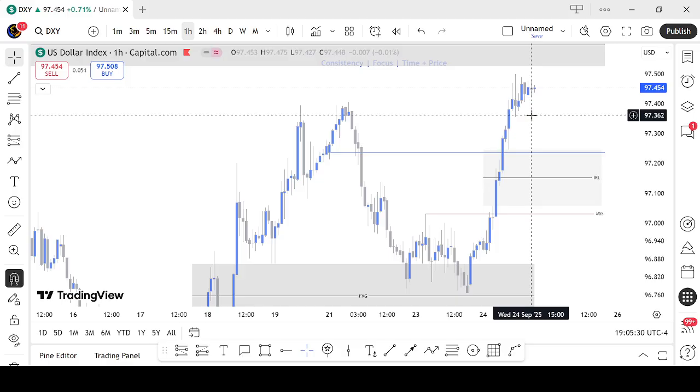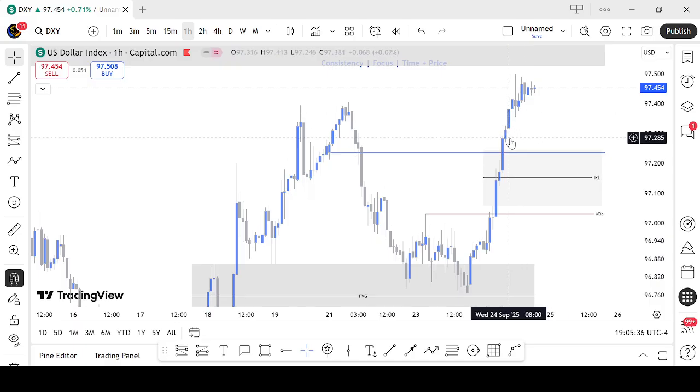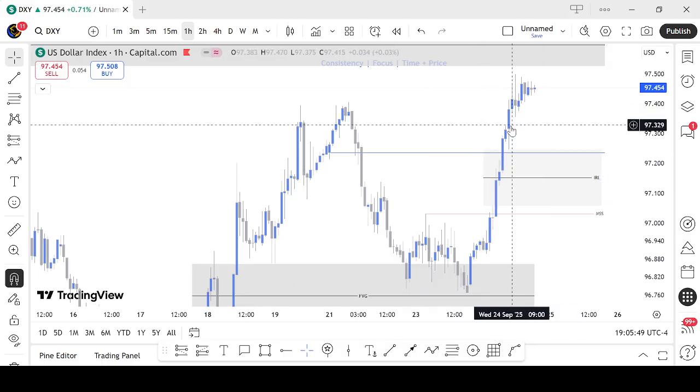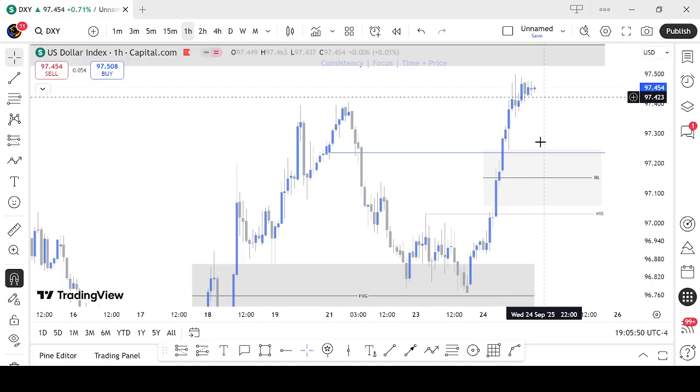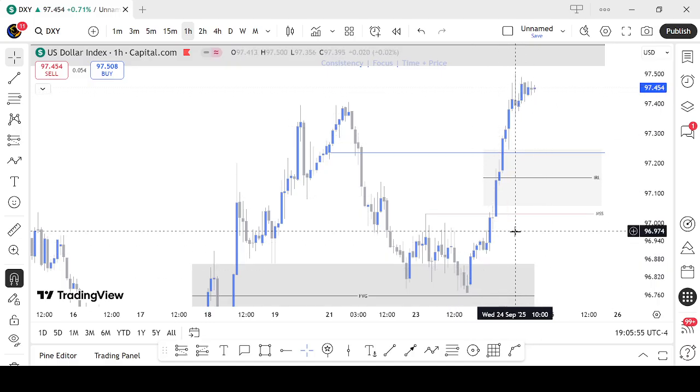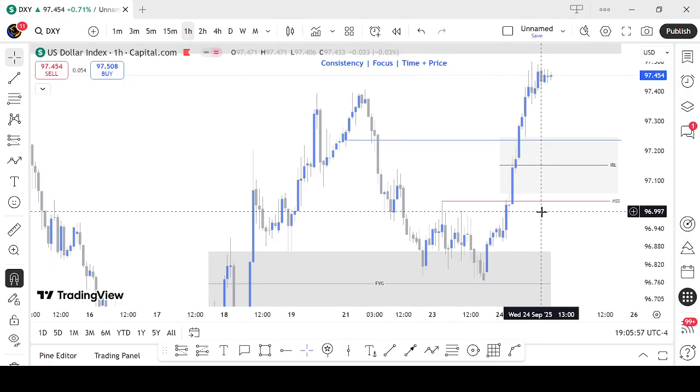and New York is more likely to range, except for today that New York also continued the price delivery, but the majority of the time New York is more likely to range, since 2 weeks now, right? So that's something I found out because I do journal my trade, and I found out that price is likely to range during New York, and Asian will expand then, because of the price delivery currently.